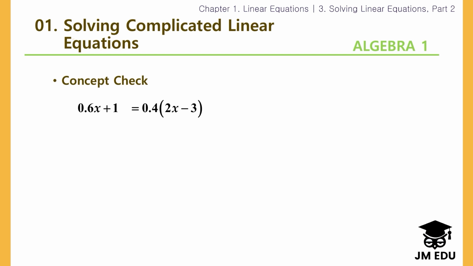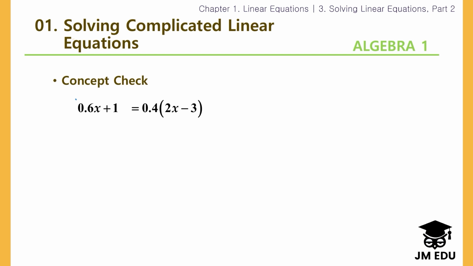Okay, another concept check problem. This time we have decimals, 0.6x and 0.4, right? The first thing we have to do is multiply both sides of the equation by a power of 10. In this case, 10 to the power of 1, right?